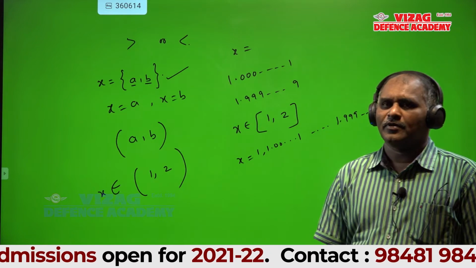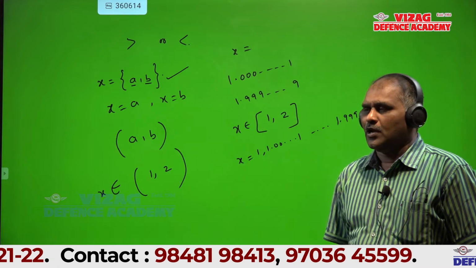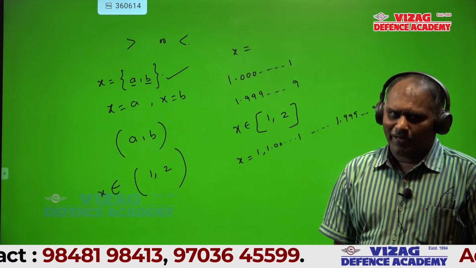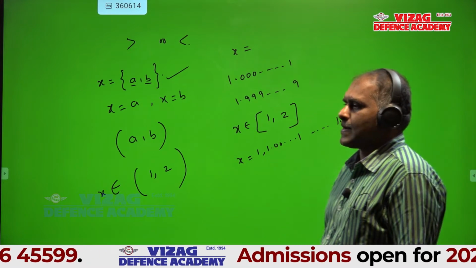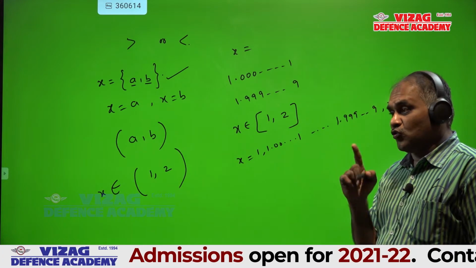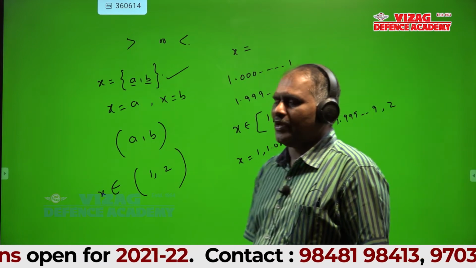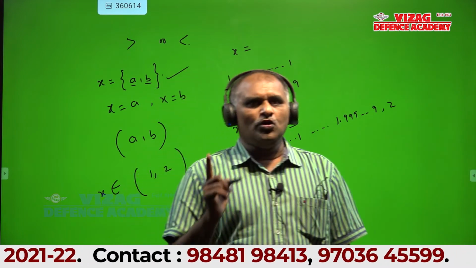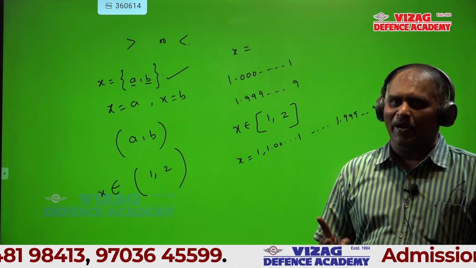Except the two values, all real numbers between them. What is the meaning of the closed bracket? Including these two values and all real numbers between them. That is called a closed bracket.